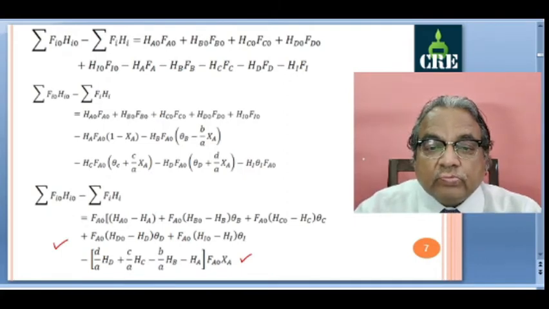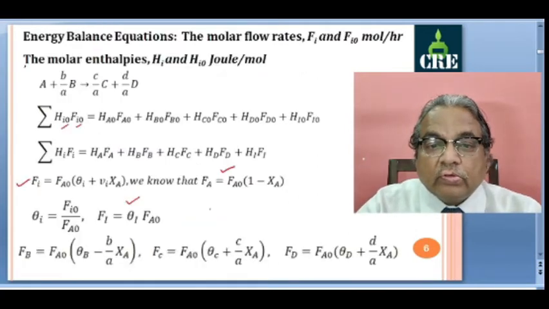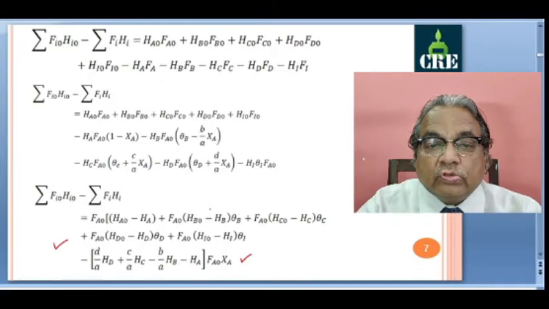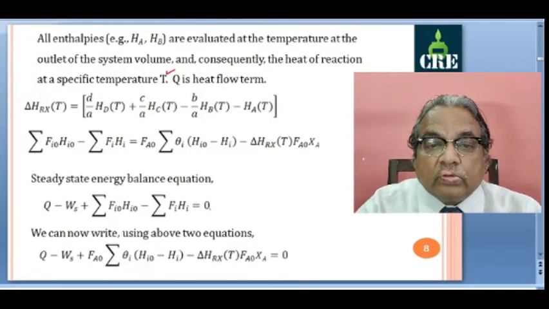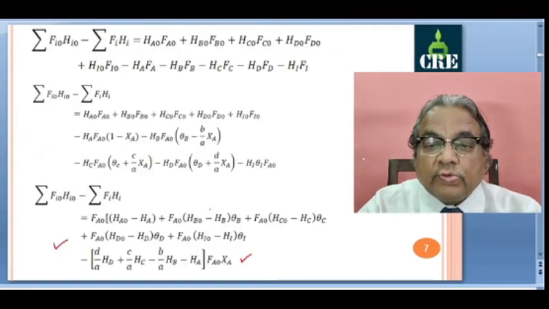This Fa0 Ha0 minus Ha, Hb0 minus Hb and so on. So Fa0 theta I minus Hi, we can write that term.